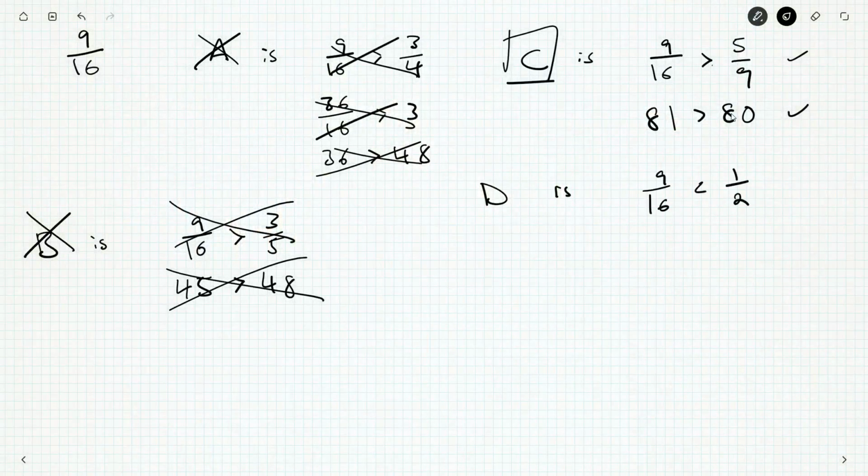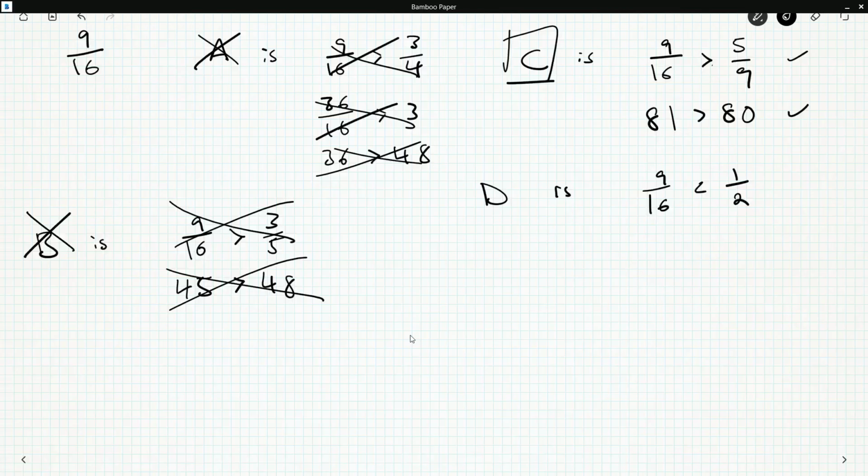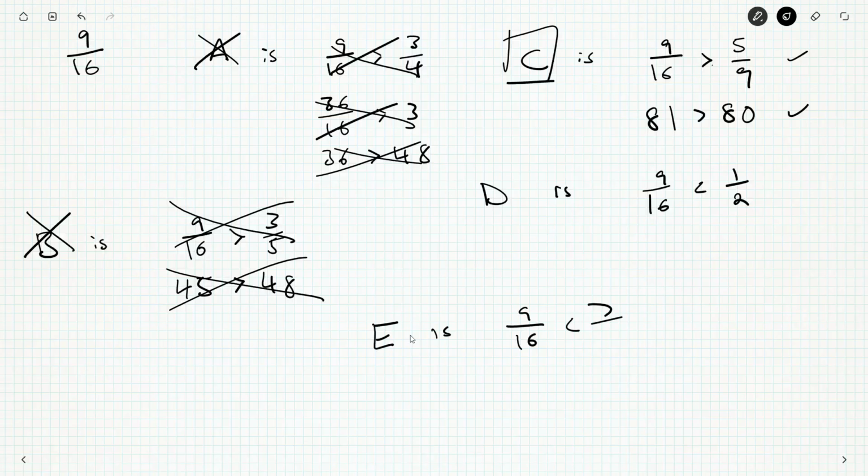It was 1/2, right? It's 1/2, and then the other one is 7/16. So E. Well, E is definitely false right away, because the common denominator allows us just to compare the numerators. So that's gone right away.